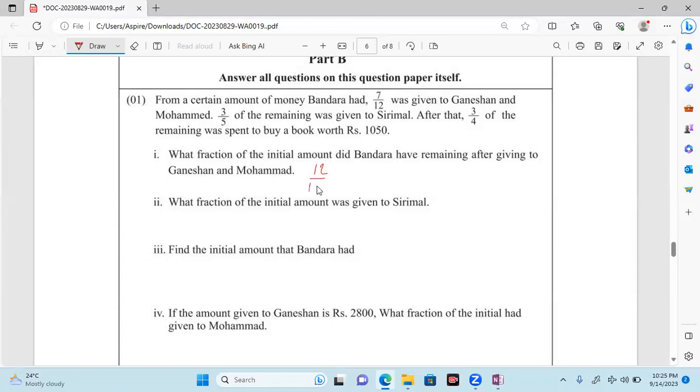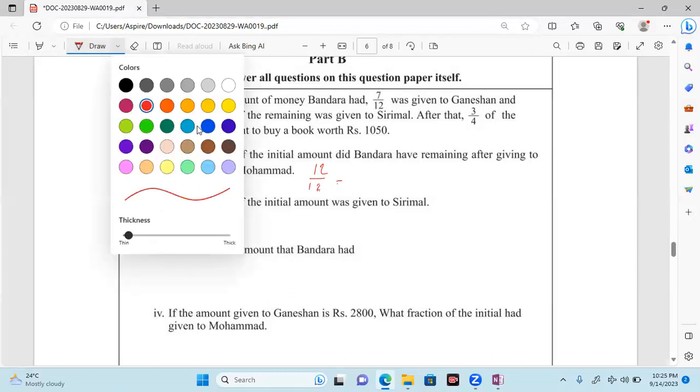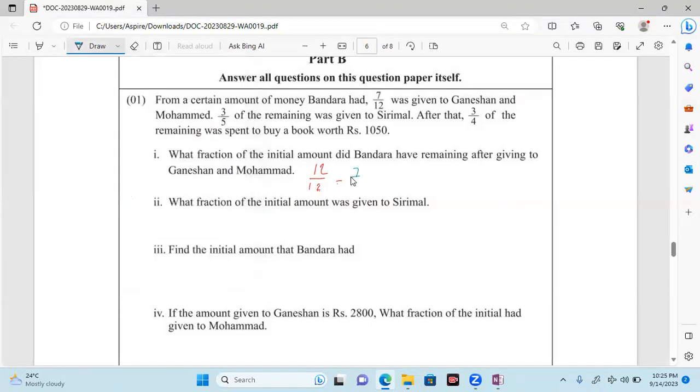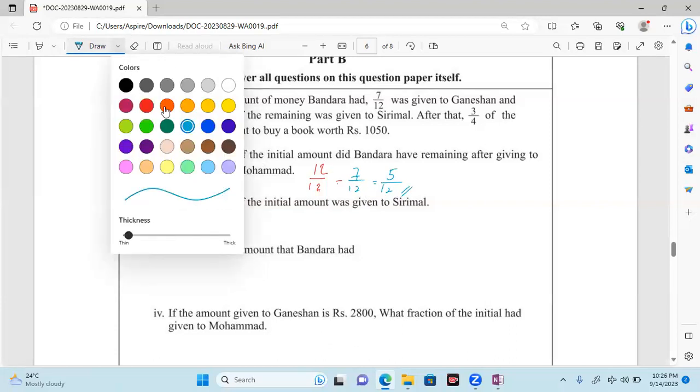That means you have to subtract from 1. So subtracting 1 means we are subtracting 12 over 12 minus 7 upon 12. Then it is 5 over 12.